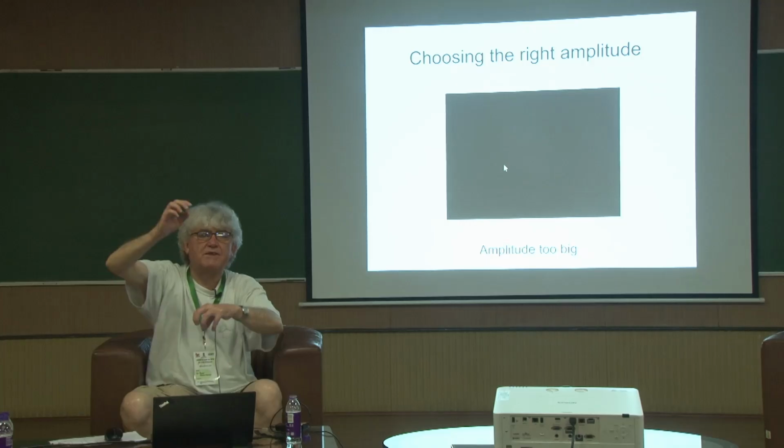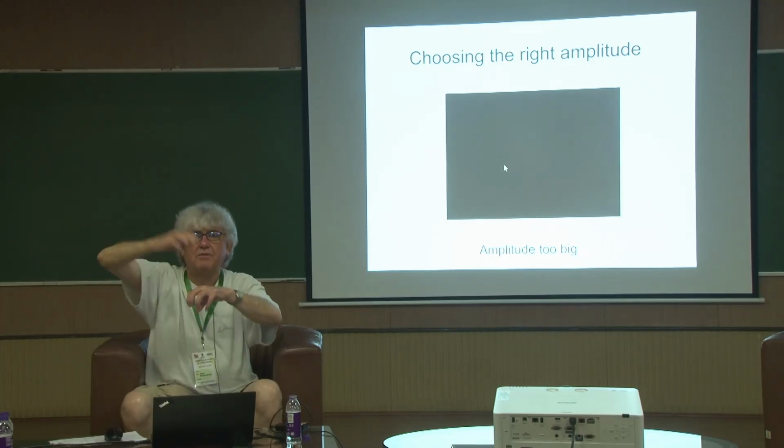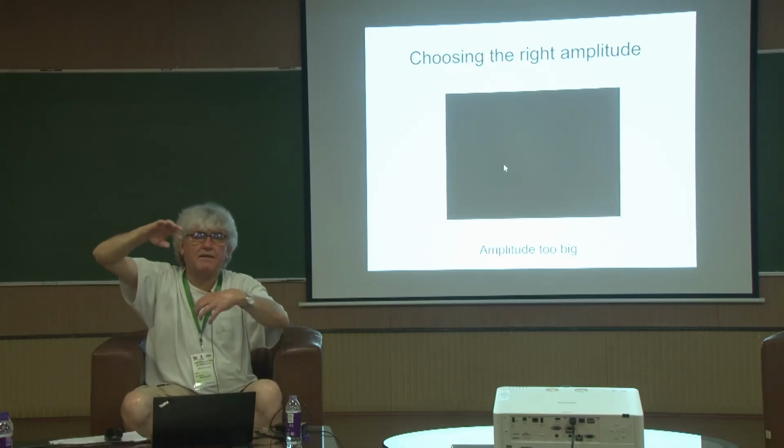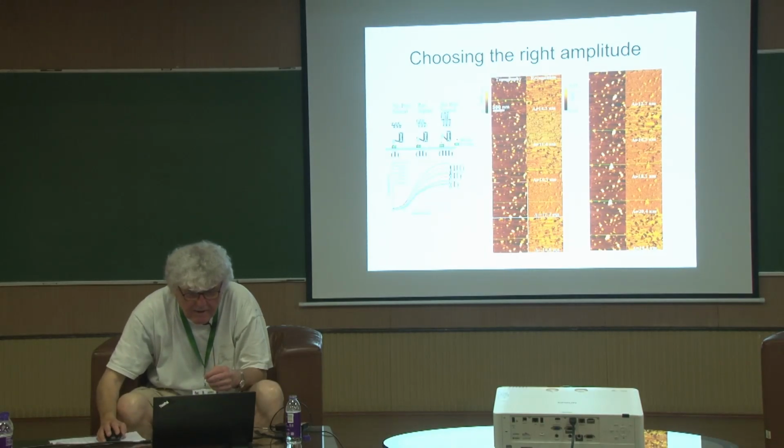Too small, we don't stretch the linker, we don't get a recognition signal. Too large, we dissociate, and then the probability of rebinding is very low. That's also what we can see here. If we vary the amplitude, with 14 nanometers we get a nice recognition image.